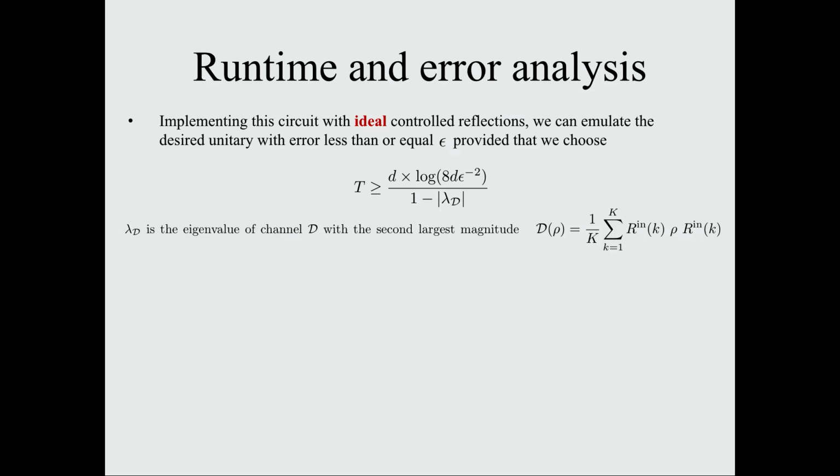And t also scales with the inverse of the spectral gap of this channel D. And this is something that should be expected, because the convergence in this process depends on the spectral gap of channel D and channel W, and that basically determines how fast you converge. And this spectral gap, by the way, can find some information theoretic interpretation, which basically tells you how much information you can obtain about the unknown unitary by looking at the sample inputs and outputs.